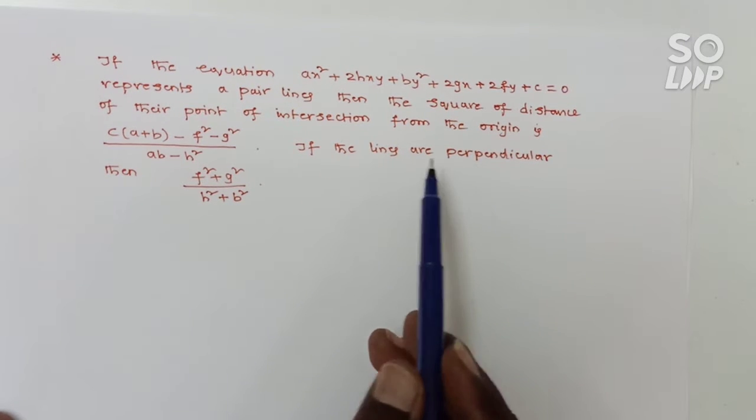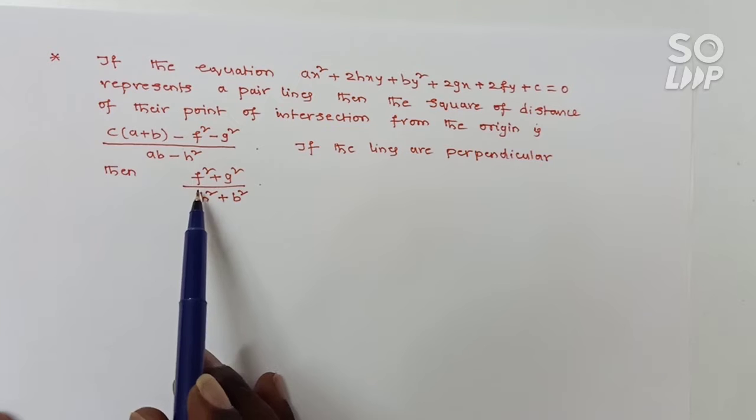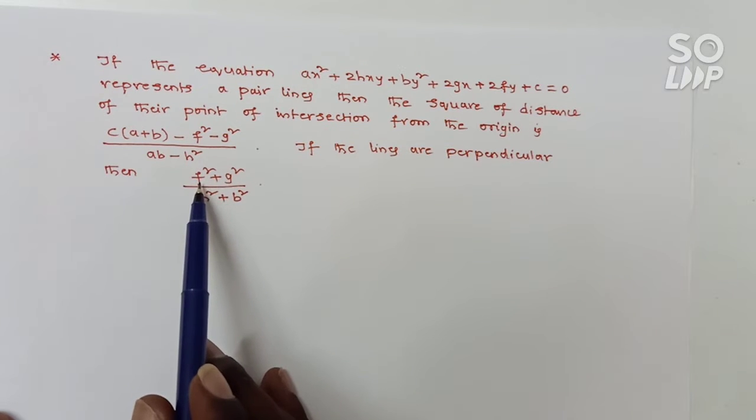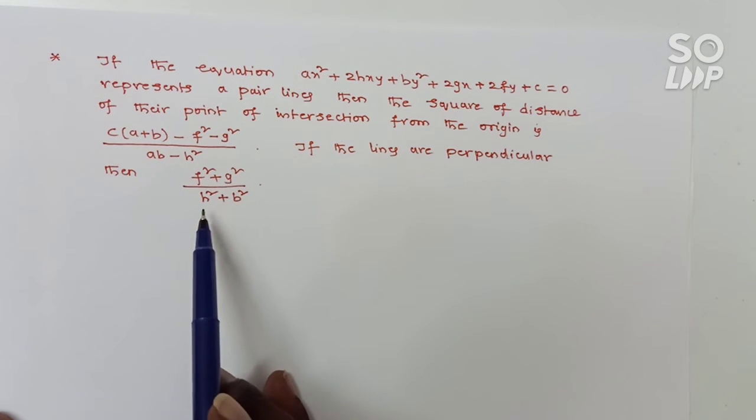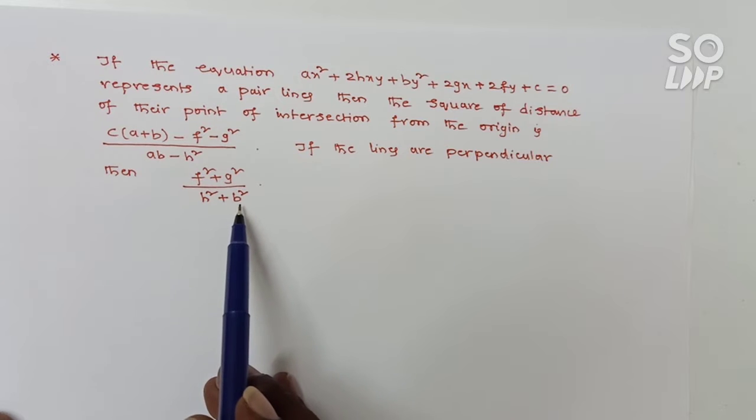If the lines are perpendicular, then the above result becomes (f square plus g square) whole divided by h square plus b square.